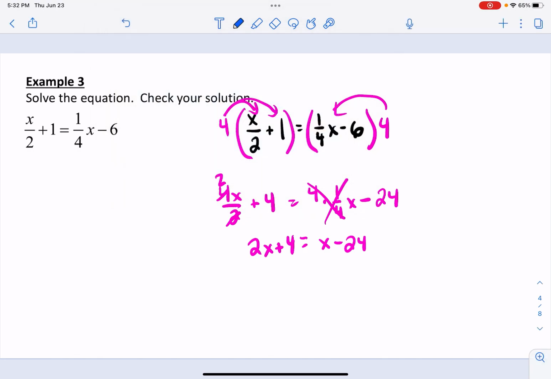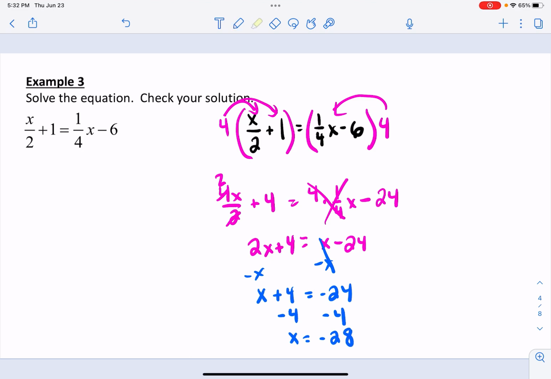That pink is a little bright. So now I'm going to get my variables on one side. I'm going to subtract an x. So I have x plus 4 equals a negative 24. If I subtract a 4 from both sides, I get a negative 28.